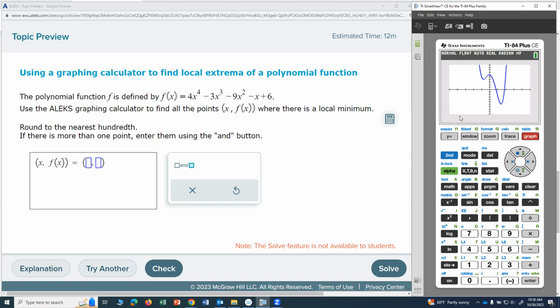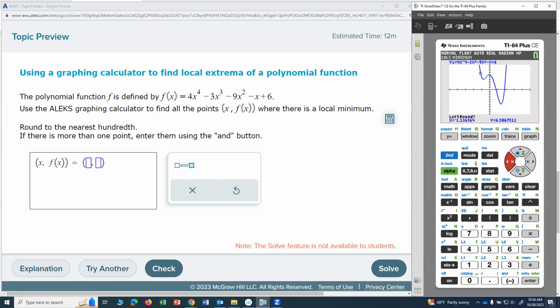Okay, so now in order to find the extrema, I'm going to hit the second key and then trace. Second trace. This gets me into the calculate mode, and you have to pick between minimum or maximum. In this problem, I'm asked for local minima, so I'm going to pick minimum, number 3. Notice the first thing that I'm prompted for is a left bound. So I'm going to use my left arrow to get to the left of this first local minimum.